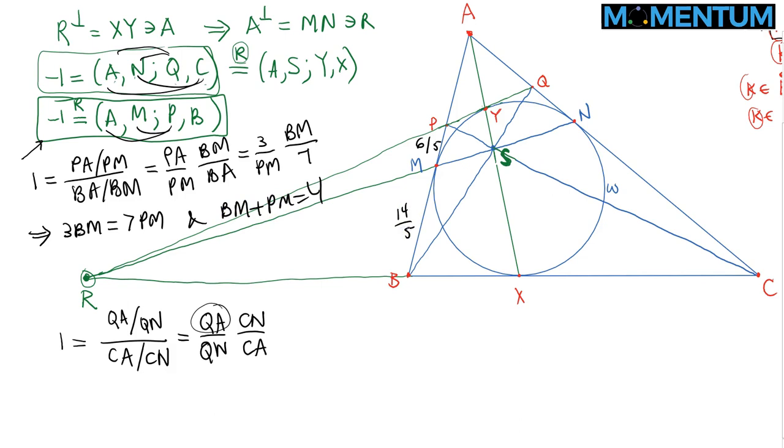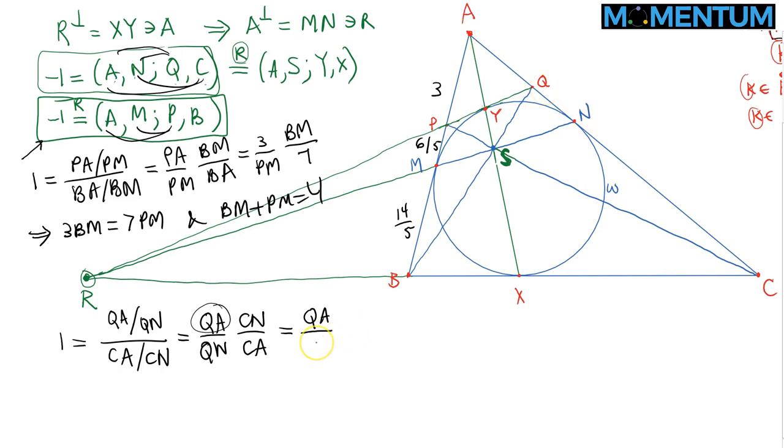Yes. Okay, so now finally we can plug it into this expression. So we have QA is the desired distance. And obviously, like we did in our first solution, AM is equal to AN because of equal tangents.